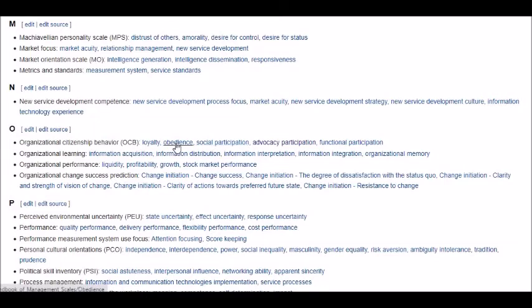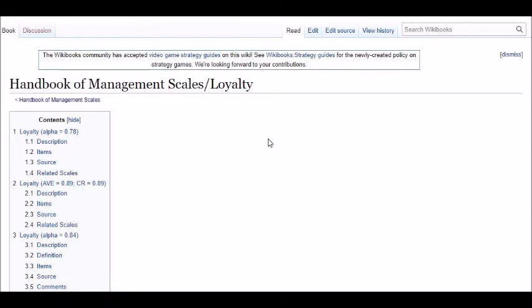Loyalty is very important when we talk about service quality, or the customer, or purchase intention. So let me click on this, and oh my god, the Wiki page is really taking a lot of time. So here we go. They are talking about loyalty with 0.78, and the second one is loyalty AVE 0.89, CR 0.89, and loyalty alpha is coming out to be 0.84.